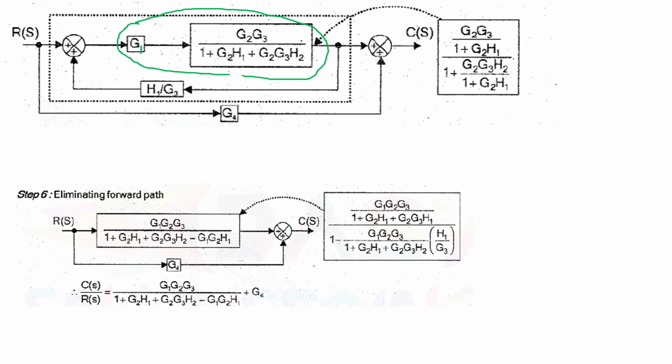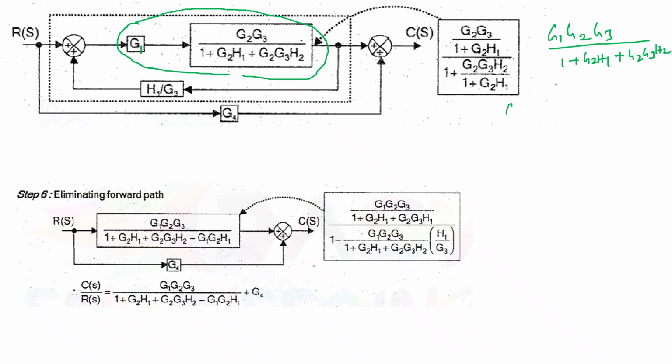So first I will write the series or cascade block elimination G1 G2 G3 divided by 1 plus G2 H1 plus G2 G3 H2. Now this is the forward path transfer function. Then we will have a feedback path transfer function H1 by G3.